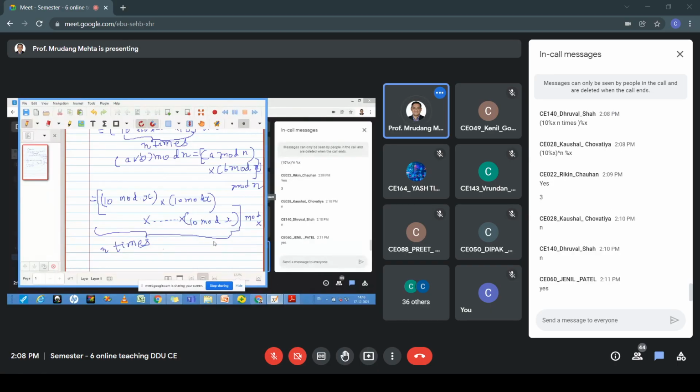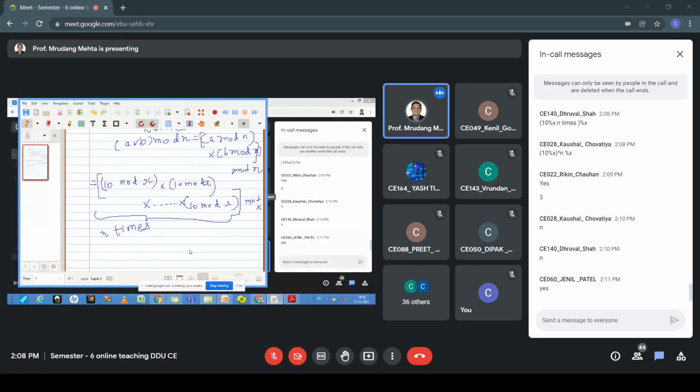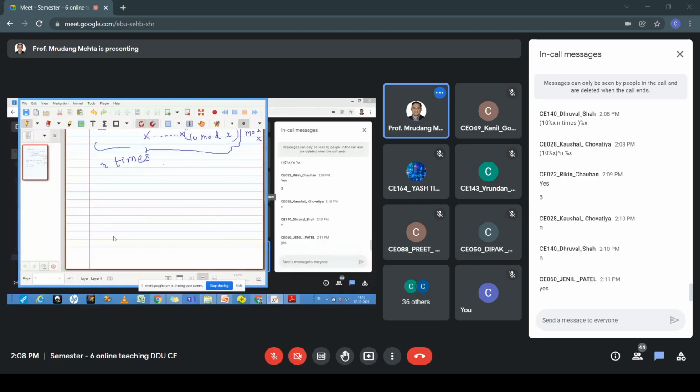So we can rewrite it as this: 10 mod x raised to n mod x. Clear?